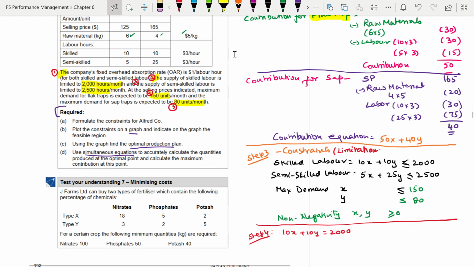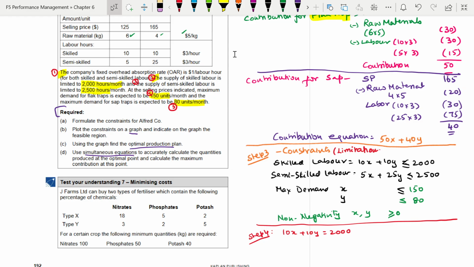Now they say that you have some limitation. You don't have unlimited access. For skilled labor, you can have only 2000 hours. You cannot use more than 2000 hours. In that 2000 hours, you have to check where we can do x and y with the optimum combination.